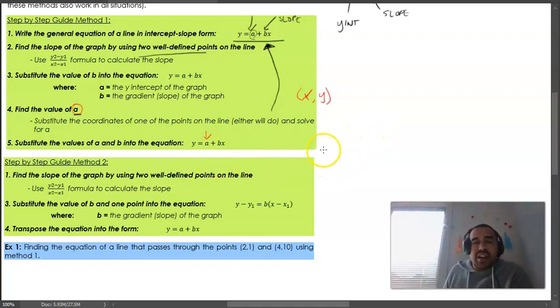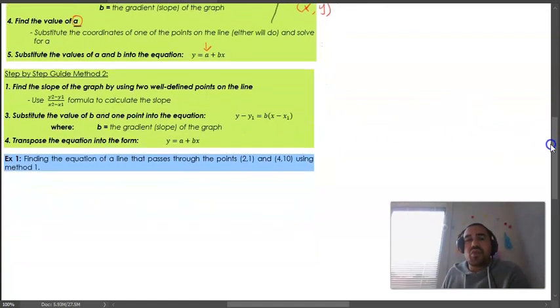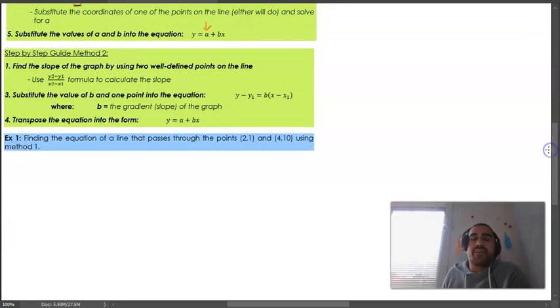Okay, a bit confusing without seeing the example itself. Method 2 looks pretty much the same, but the only thing that's different is the equation that you're going to substitute the values into. So you find your b by the rule, 2 well-defined points, get your b. But then we're going to substitute it into this formula here.